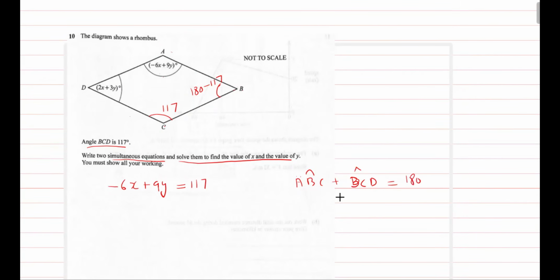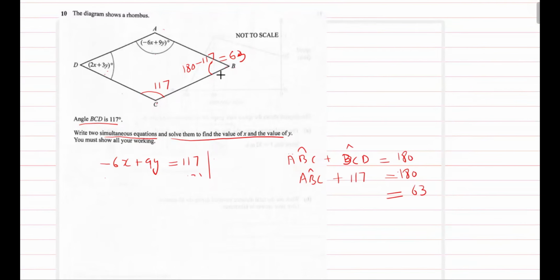This angle is 117, and this ABC will be equal to 180 minus 117. This is equal to 63 degrees. The second equation, we can write, opposite angles in a rhombus are always equal. Therefore, the second equation: 2x plus 3y equal to 63.